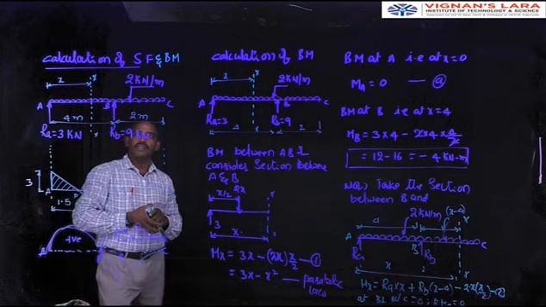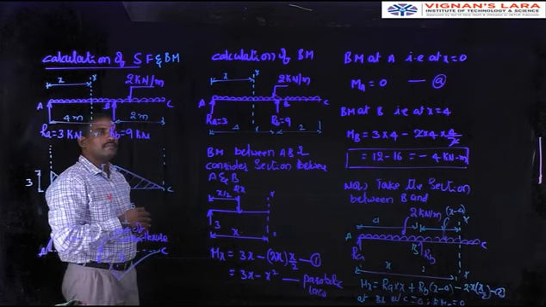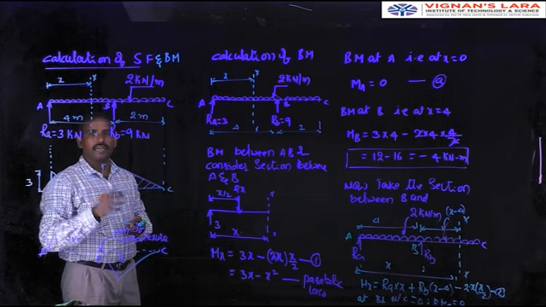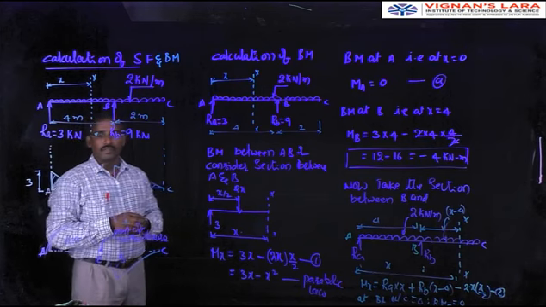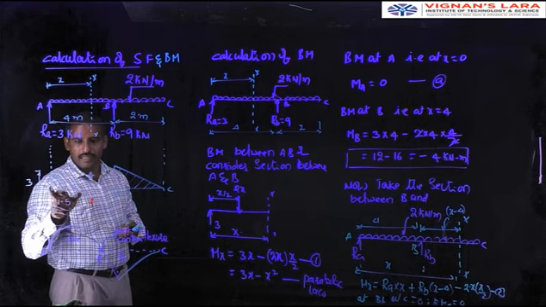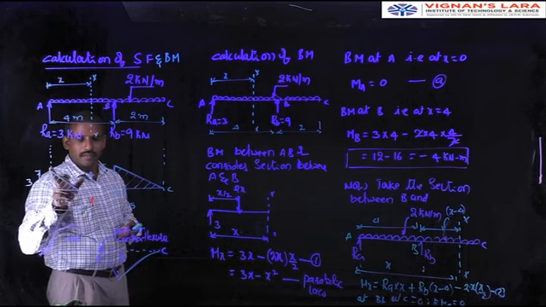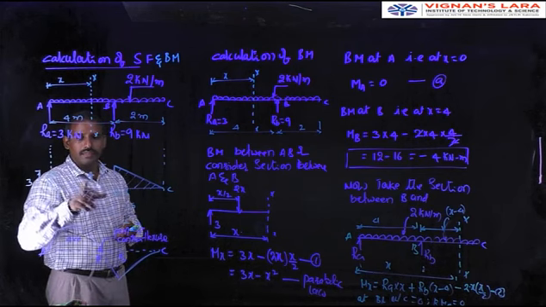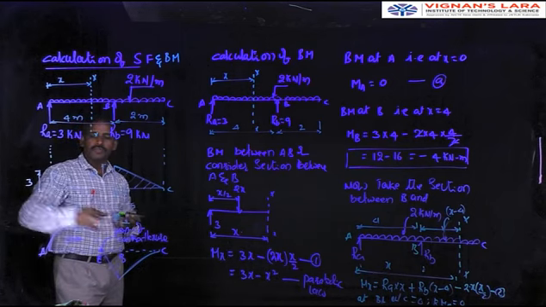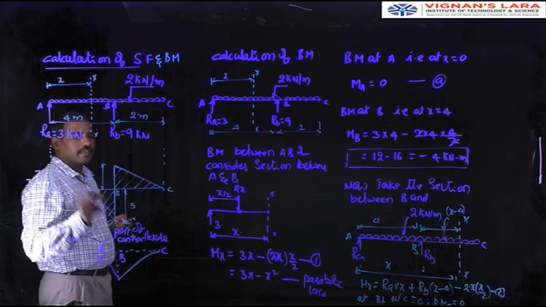In this, initially we calculate the reaction forces at A and B. Then we plot the shear force diagram by calculating the shear force. So at point A, B, as we know that the shear force sign changes from A to B. So here the shear force is 0 at a distance 1.5 meters from A.